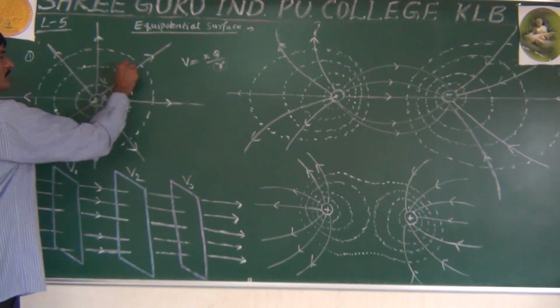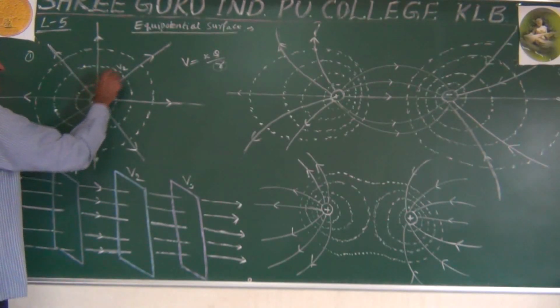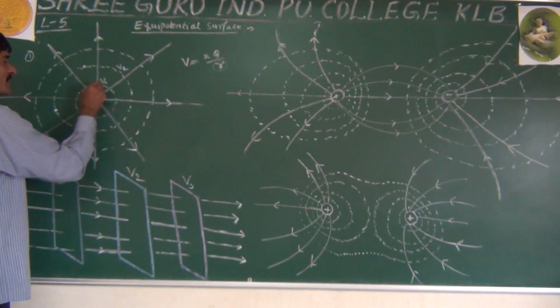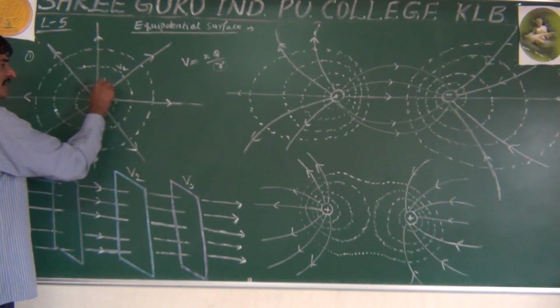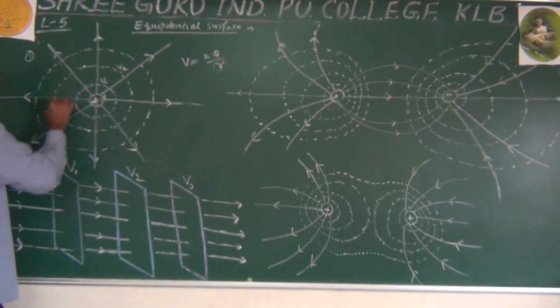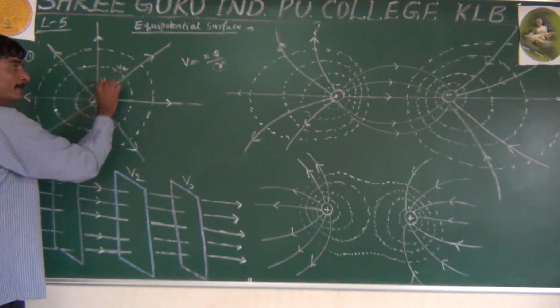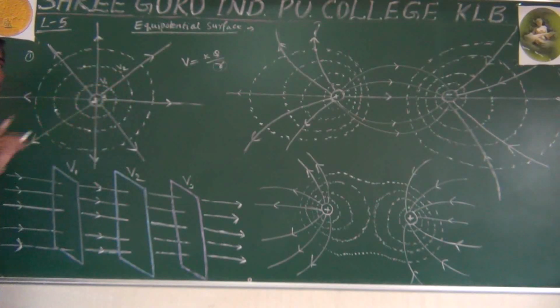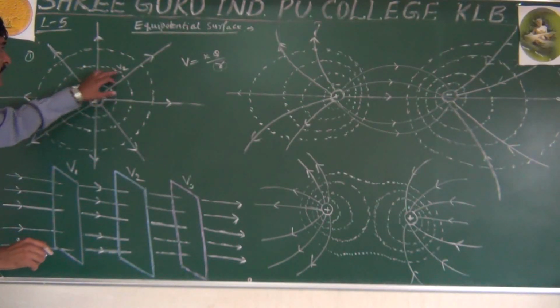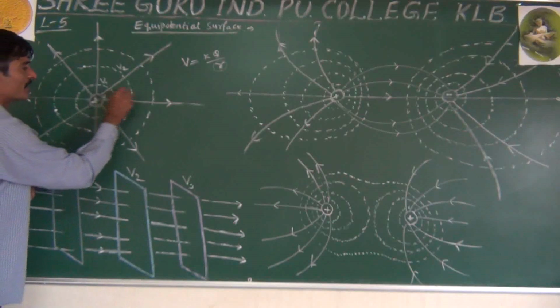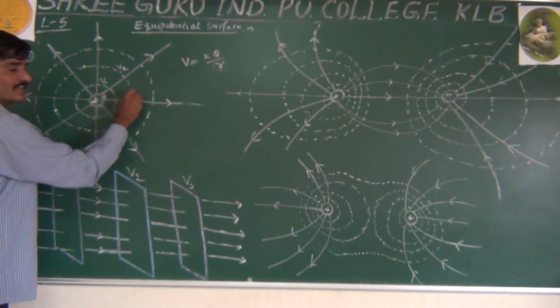This is V1, this is V2. Here the potential has the same value V1, and here the potential has the same value V2. But between these two surfaces, the potential is not the same. If we compare these two points, the potential is different.